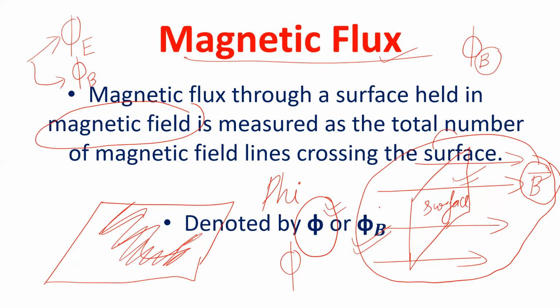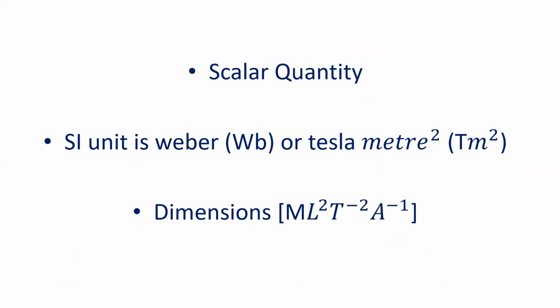Okay, then we'll talk about it in a more mathematical sense now. It's a scalar quantity, so we don't need any direction to specify it. The SI unit is weber.